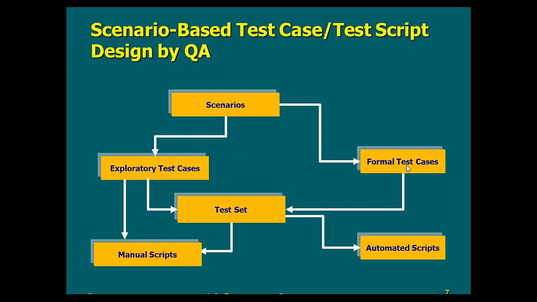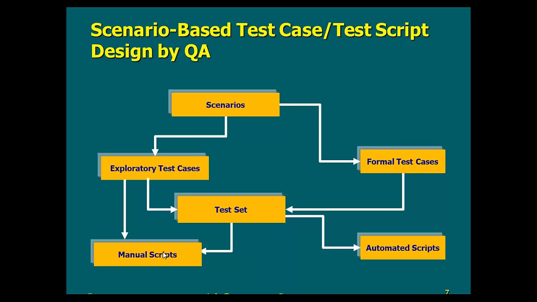Okay, now, if you went that route, or you took, for example, one scenario and built some formal test cases, my test design process suggests that you always cluster your test cases into test sets. A test set would be a group of test cases that will be executed together.